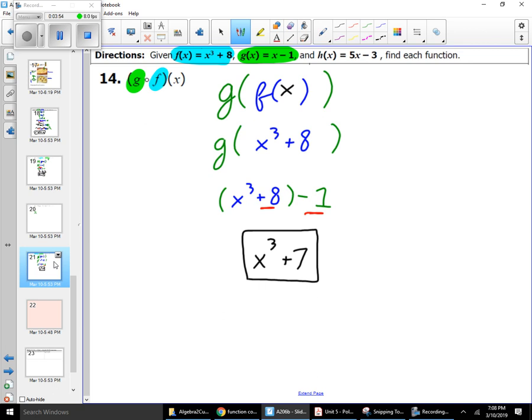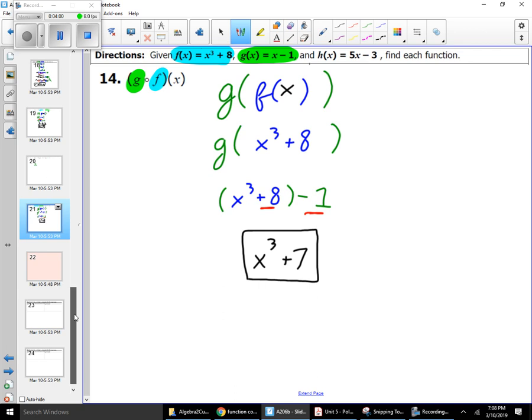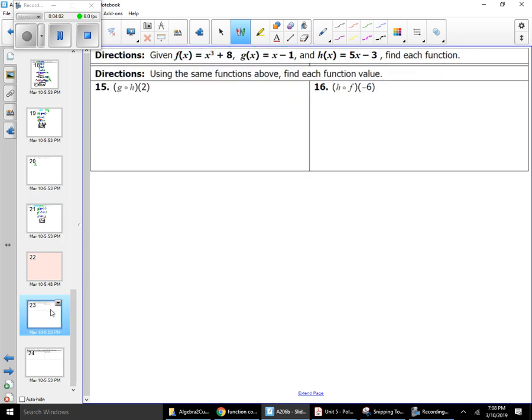This one was just subtraction. So keep in mind, these can be very different problems. The order does matter. I want to take a look at two where we actually involve a number, 15 and 16 here. Note that we are using the same functions as before, f, g, and h. And now we're just going to substitute in values.